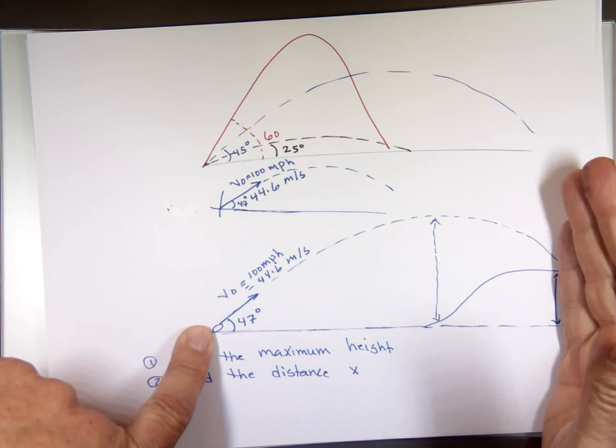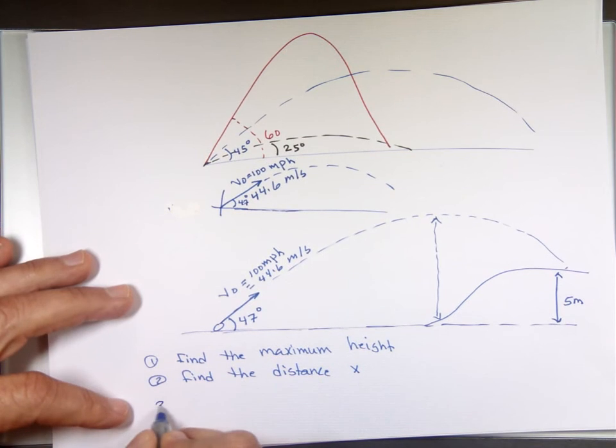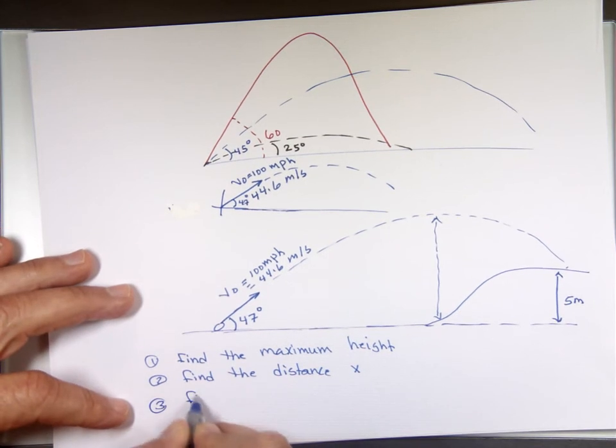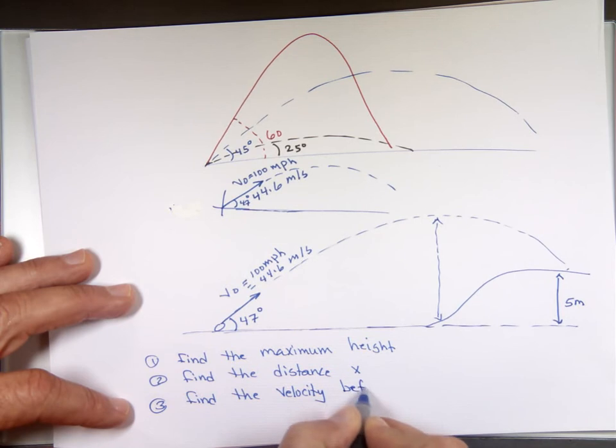Should we ask for the velocity before it hits the ground there? Again, find the velocity before the ball reaches the ground.